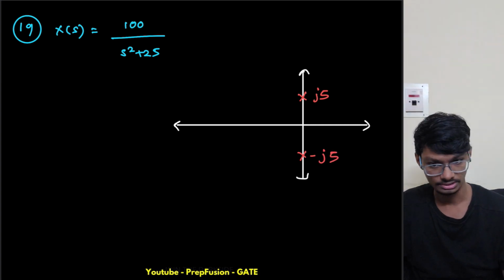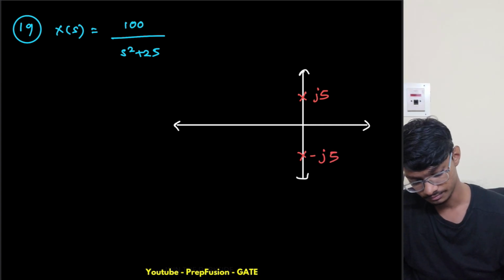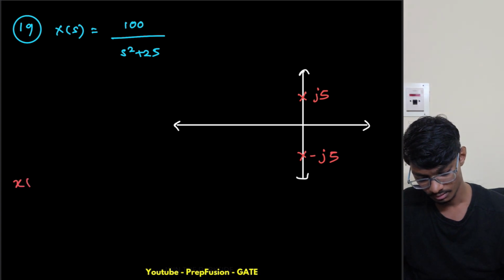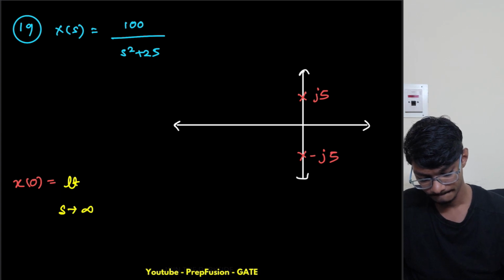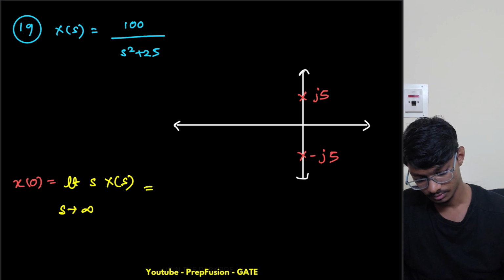This is a marginally stable system. Now again I will find the initial value, x of 0, the limit as s tends to infinity of s X of s, which equals 100s upon s square plus 25.